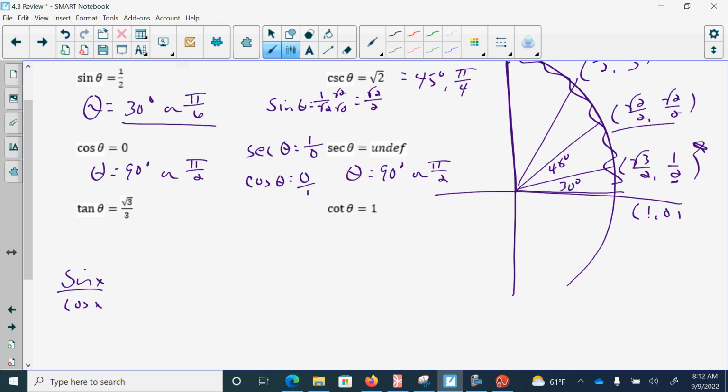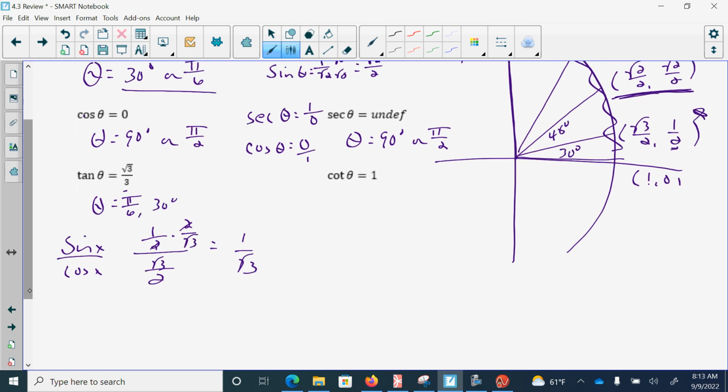I know it's not pi over 4 because that would be dividing the same thing by the same thing, which is 1. This one, if I take 1/2 and divide it by the square root of 3 over 2, multiplied by the reciprocal, I do get 1 over the square root of 3, which will rationalize to this. So it is going to be that first angle of pi over 6, 30 degrees.